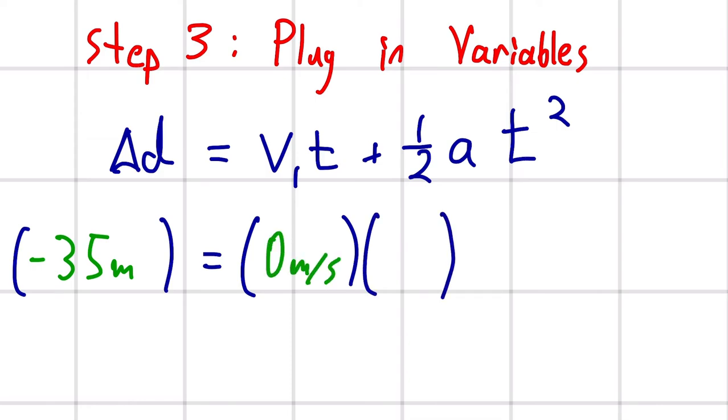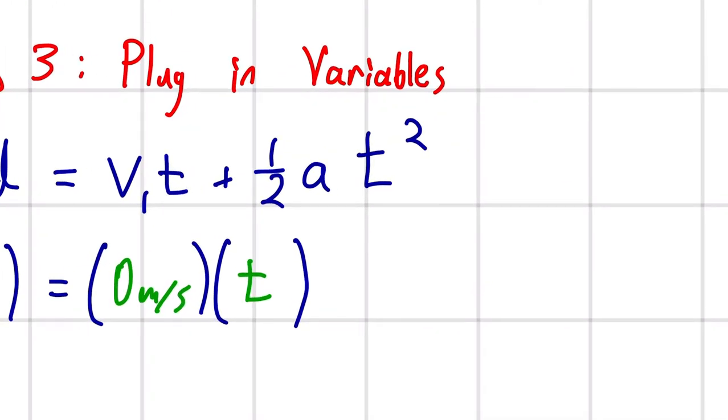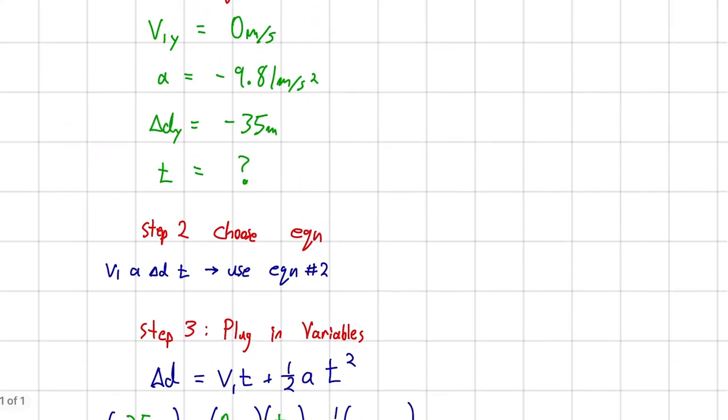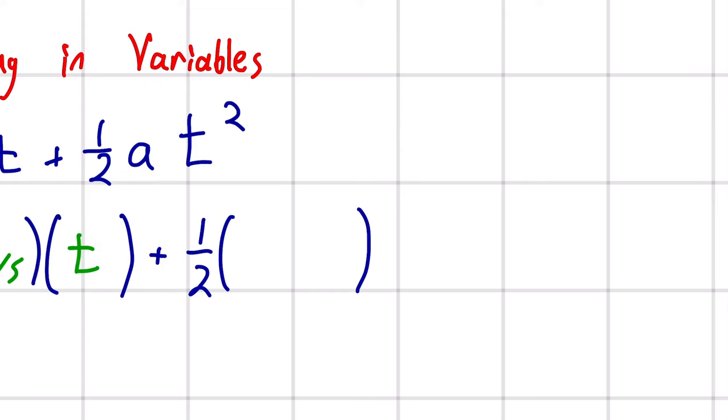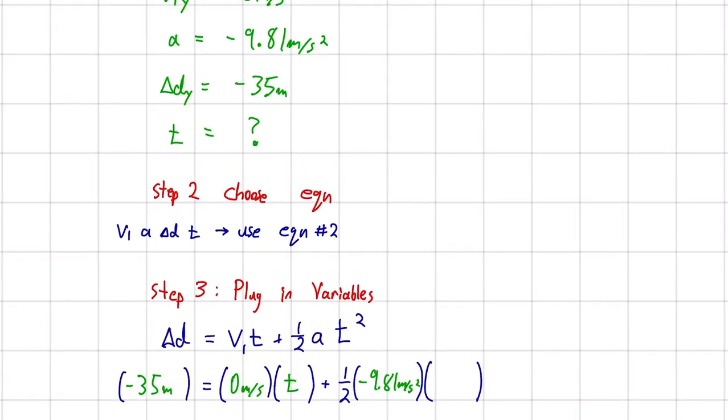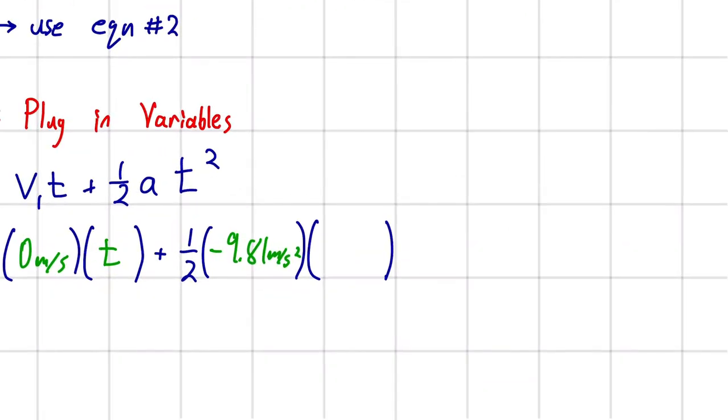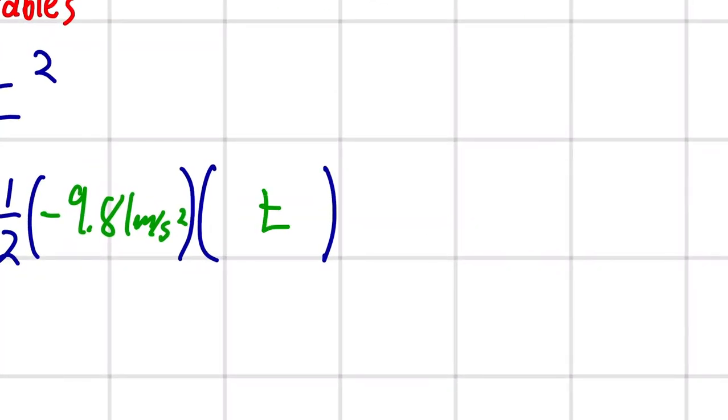And time was our unknown, so I'm going to leave it as t, plus 1/2 times our acceleration, which was negative 9.81 meters per second squared. And then our time, again unknown, so I'm just going to leave it as a t. And then it was squared.